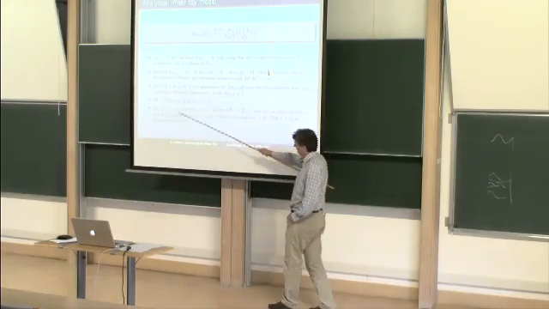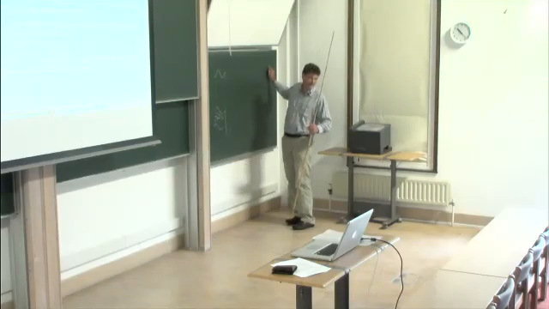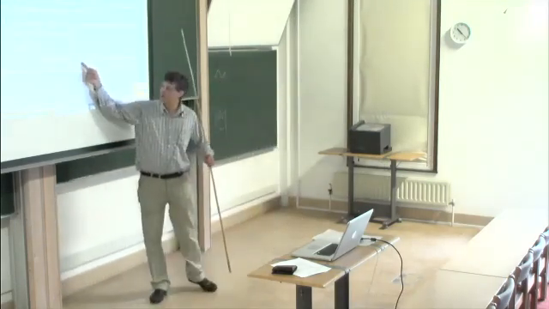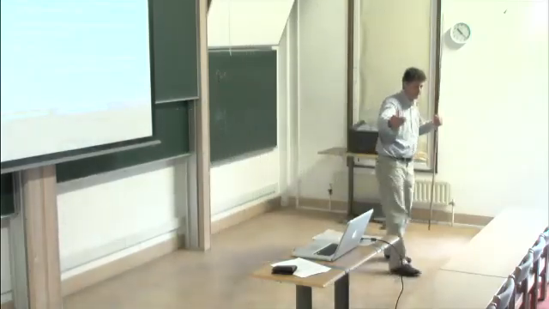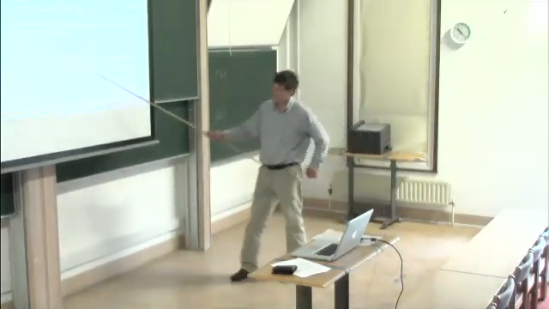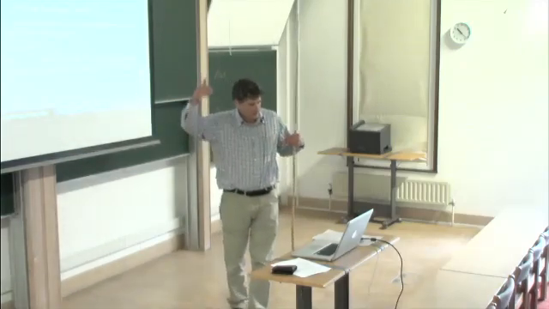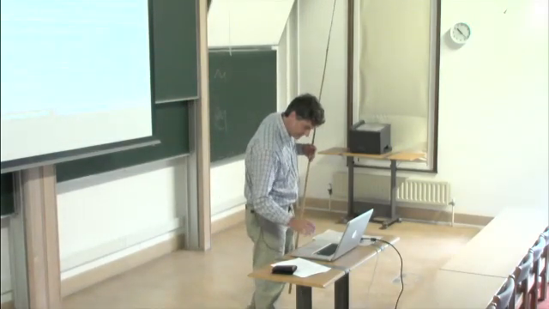If delta t goes to infinity and R ops goes to infinity, we would think our system will have acquired the climatic mean, so PF should go to sigma clim, and we would not expect this thing to be switched on, because we got the right covariance. But that's not true, and this is a finite size effect. So actually what we observe is that the filter is always switched on for large observation windows.